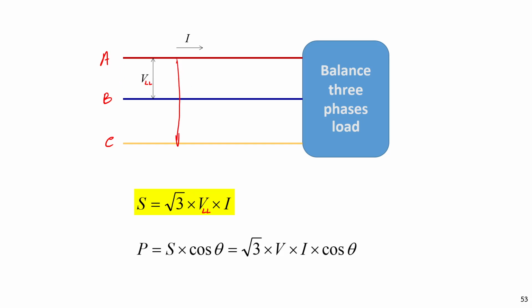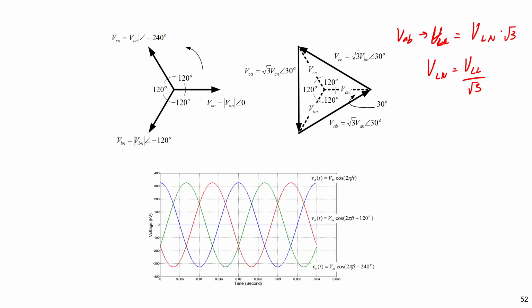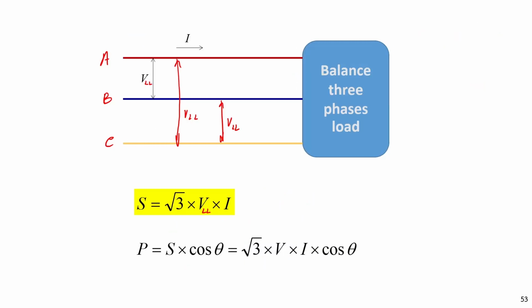The magnitudes of V line to line of the three phases are equal, just with different phase shifts. We can calculate S by square root 3 times V times I.